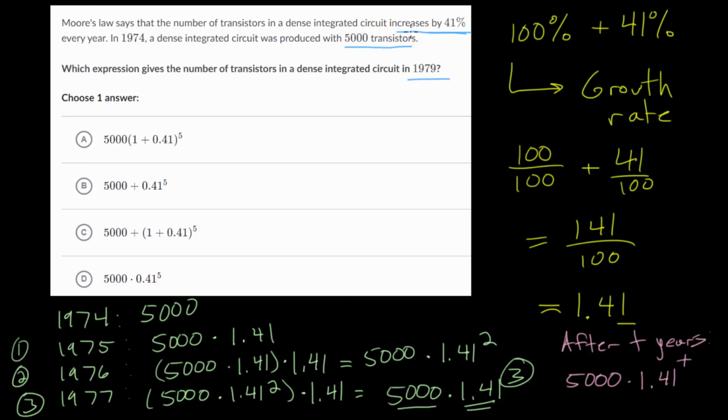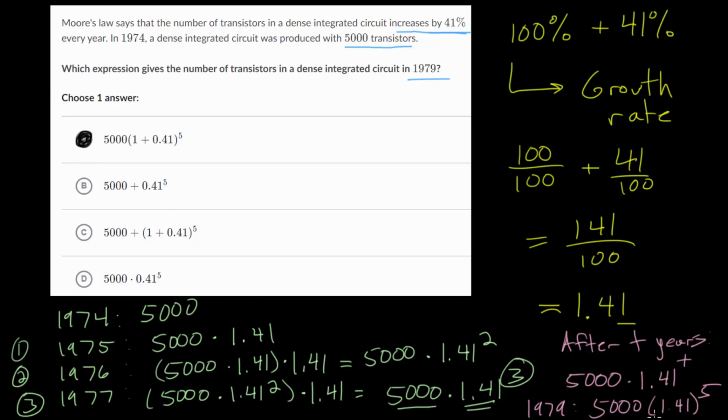So 1979 is 5 years later. So in this case, t would be 5. So our result for 1979 would be 5,000 multiplied by 1.41 to the 5th power. So we just need to match this up with one of the answers. And you can see that choice letter A would be correct.